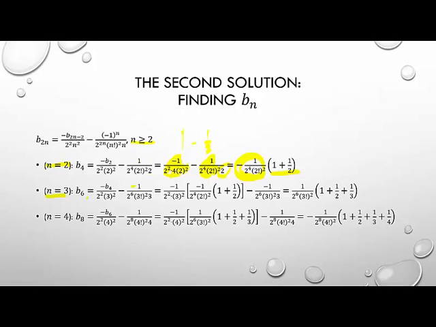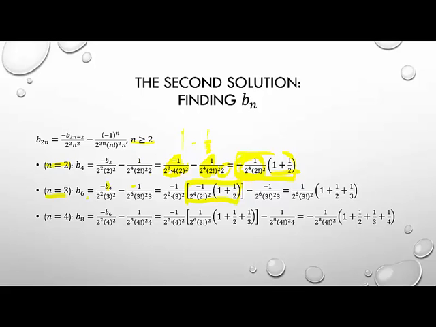Now what's b sub 4? b sub 4 is equal to this whole thing. So we have negative 1, 2 squared times 3 squared times b sub 4, minus this thing that didn't change, except I forgot my negative sign.